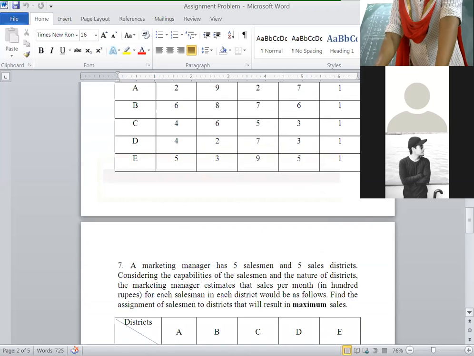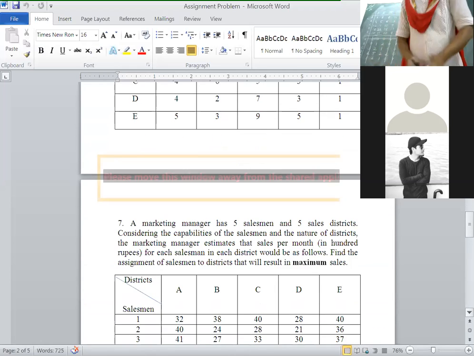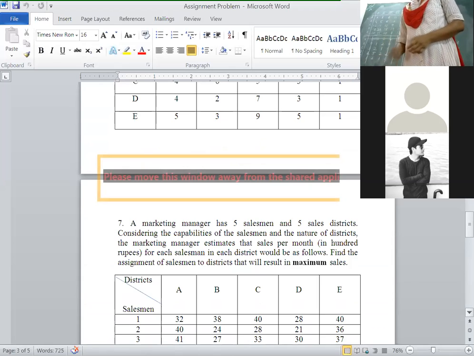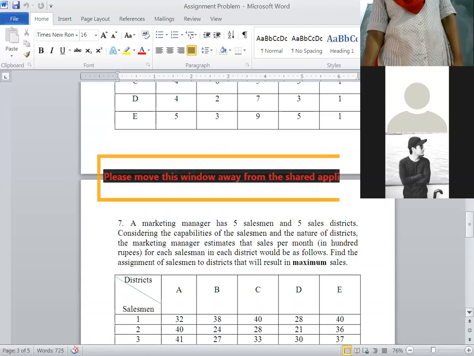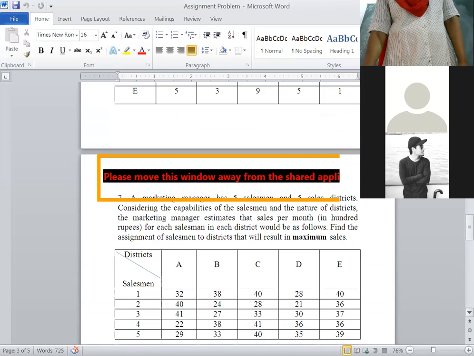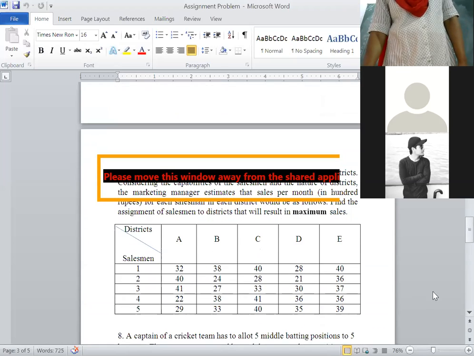Students, take the fifth and sixth problems as homework and try to solve them. If you are unable to solve, I am here to explain. Anyhow, we will release the video based on assignment problems.